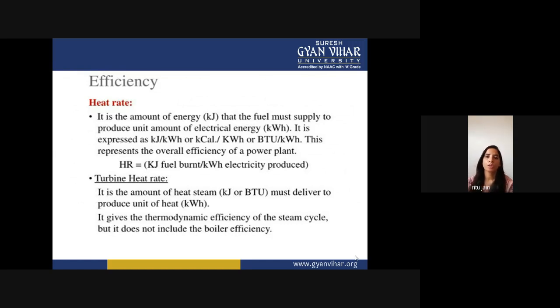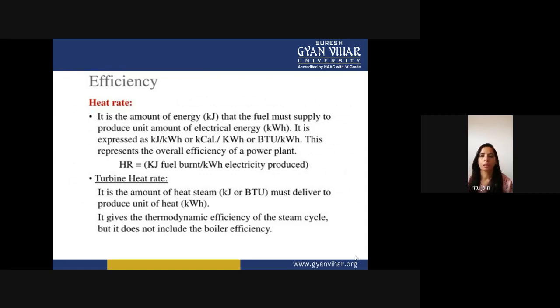Heat rate means that suppose the fuel is supplying energy in joules, and the production is a unit amount of electrical energy in kilowatt hour. So it is expressed as kilojoule per kilowatt hour. That is your heat rate.